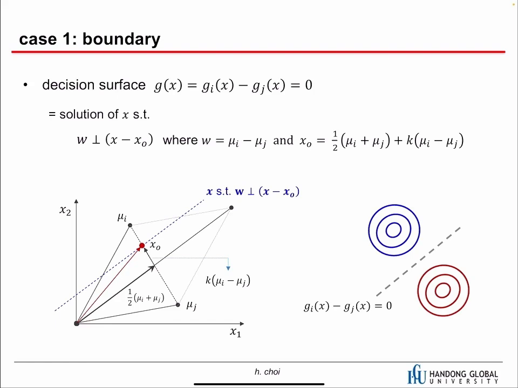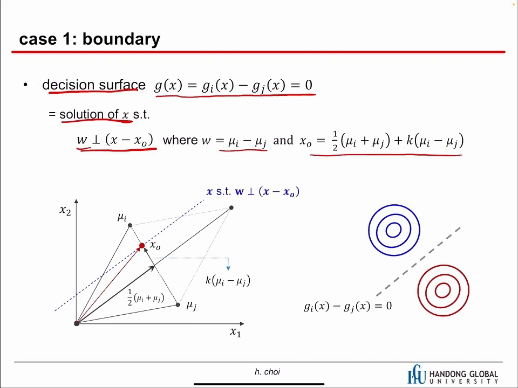Now let's see where the boundary is. We set this equal to 0. Then the solution for x, which is the boundary, the decision surface, is the set of x such that x minus x naught is orthogonal to w, where w is this one and x naught is this one.